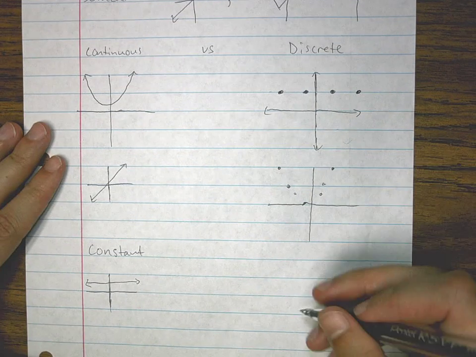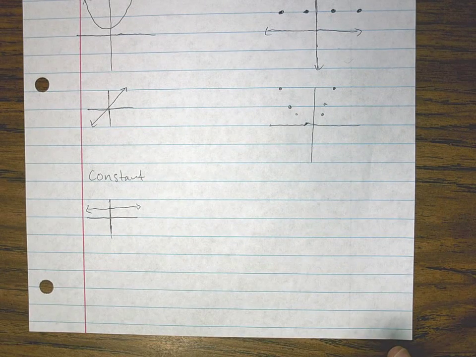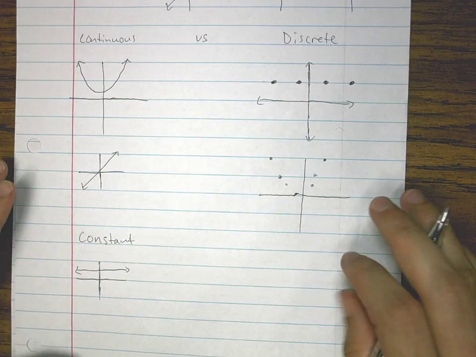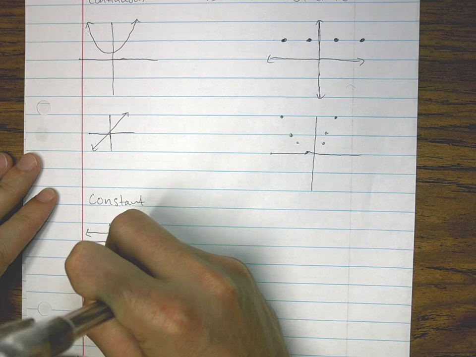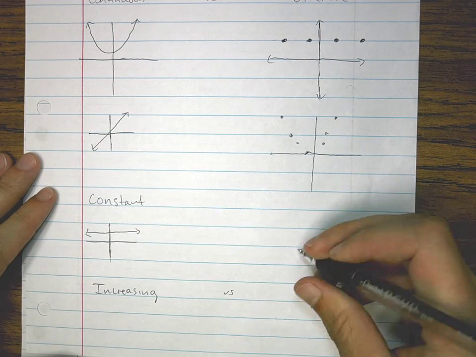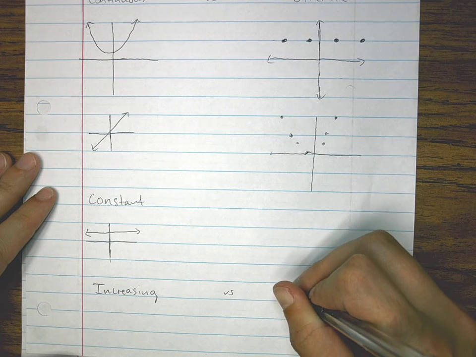So next we're going to talk about increasing versus decreasing. So an increasing function is any function that moves up as we read the graph from left to right.